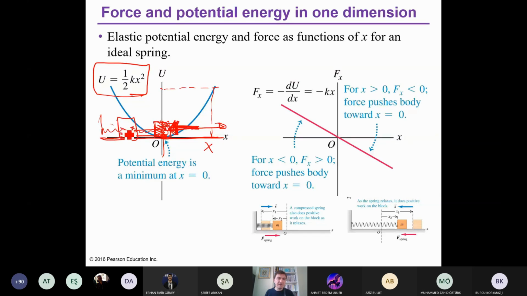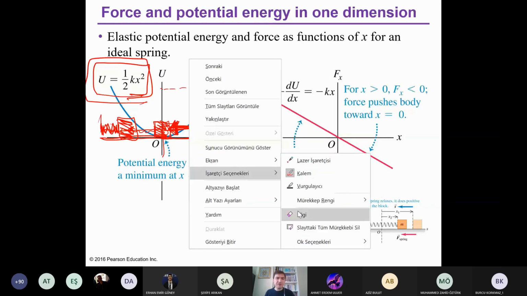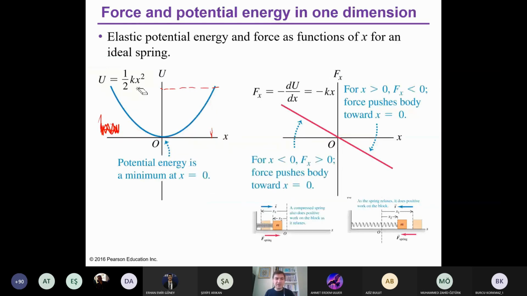The mass is here, you compress the spring, and you store this energy again, okay? This was the potential energy stored in the spring. So this is the behavior of the potential energy in spring as a function of x.